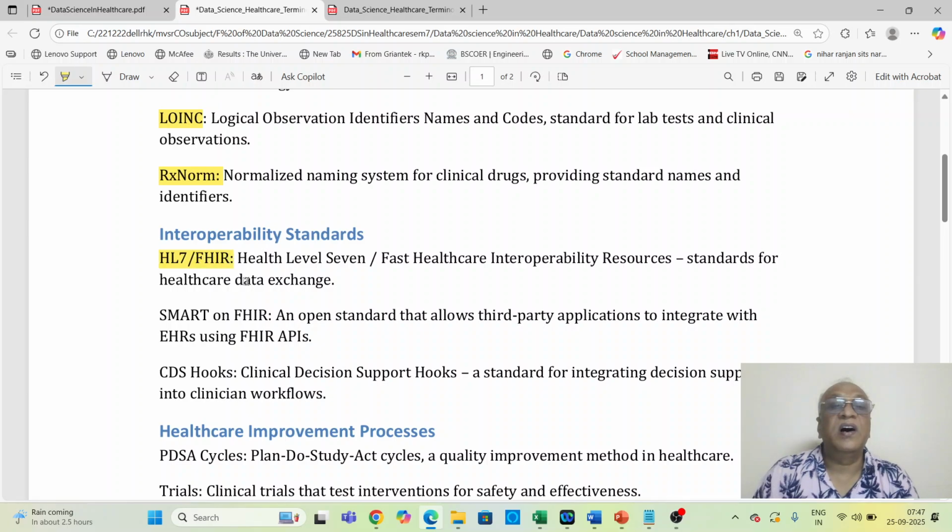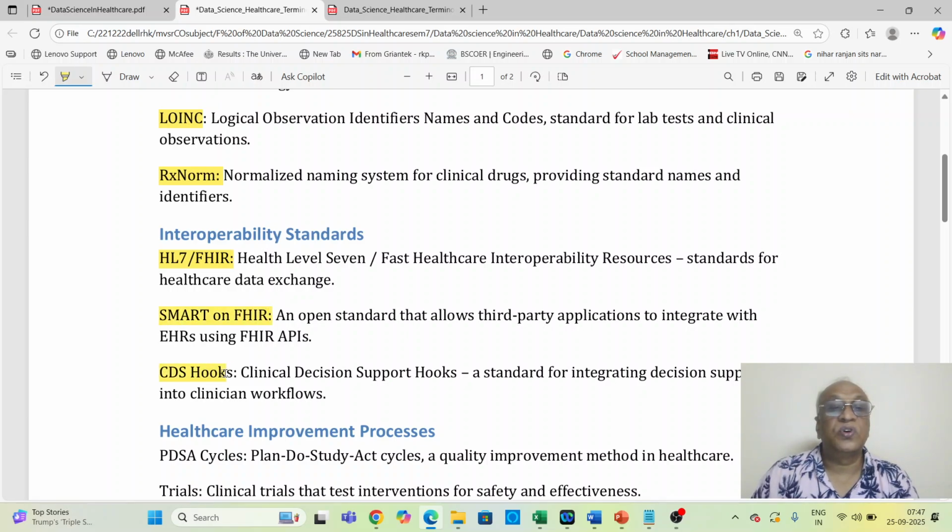HL7 FHIR. HL7 stands for Health Level 7. FHIR stands for Fast Healthcare Interoperability Resources. Standards for healthcare data exchange. SMART on FHIR is an open standard that allows third-party applications to integrate with EHRs using FHIR.